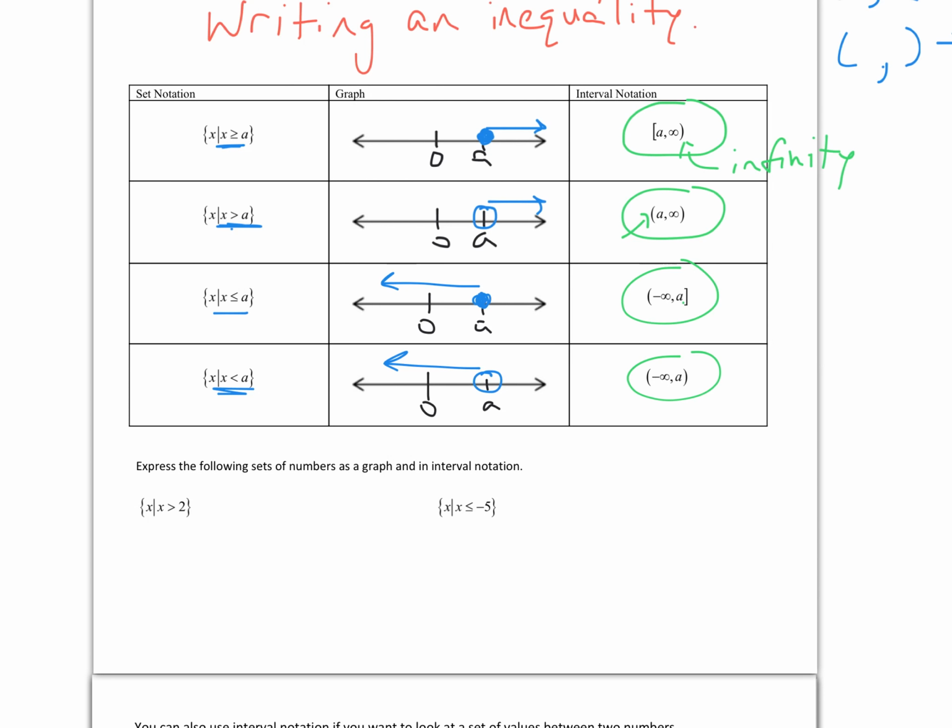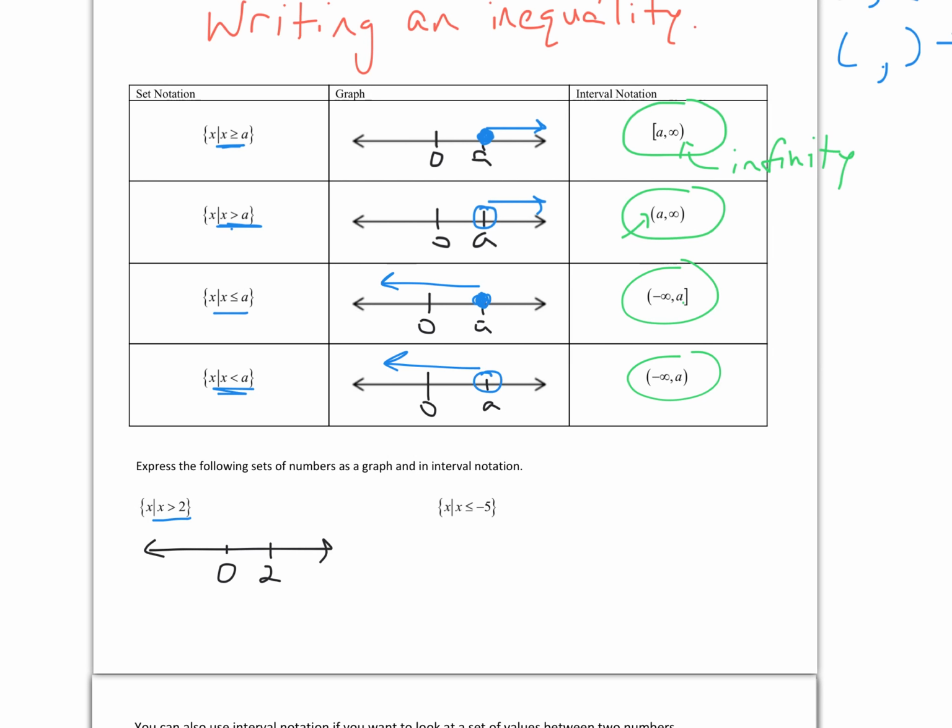So now instead of variables, let's actually use numbers here. Instead of A, our first example is a set notation of x when x is greater than 2. And the directions say, find the numbers on a graph, write it in interval notation. So we'll use the number line as our graph. I like to always label 0. 2 is somewhere up here.